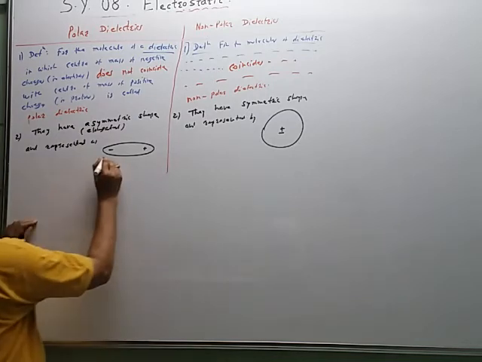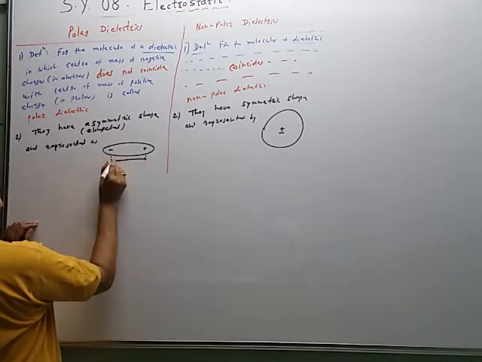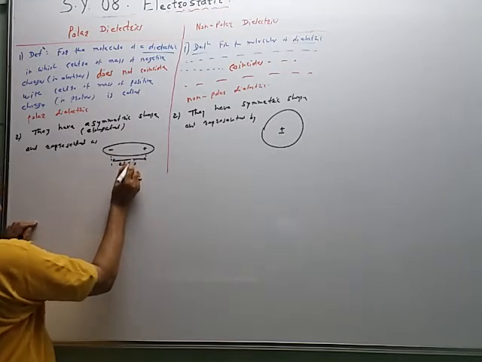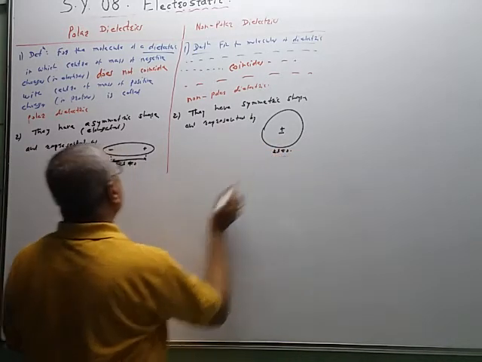So this distance, dipole length 2L, is not equal to 0. In the non-polar case 2L is equal to 0.